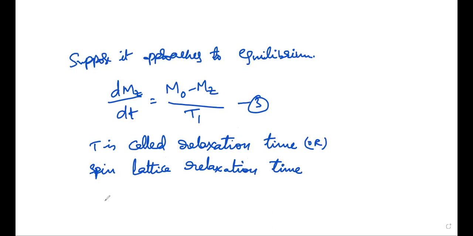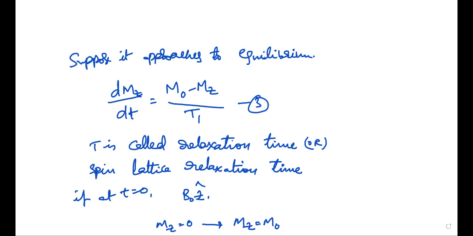If at t equal to 0 an unmagnetized specimen is placed in a magnetic field B naught into z cap, the magnetization will increase from the initial value Mz equal to 0 to Mz equal to M naught.